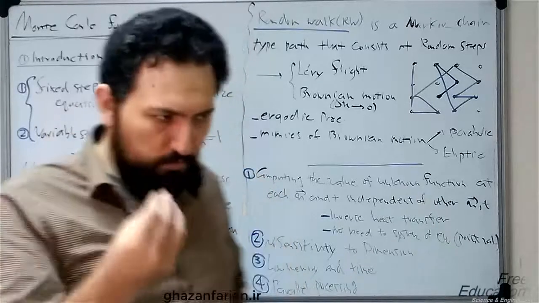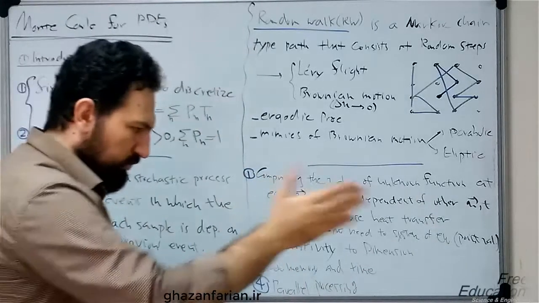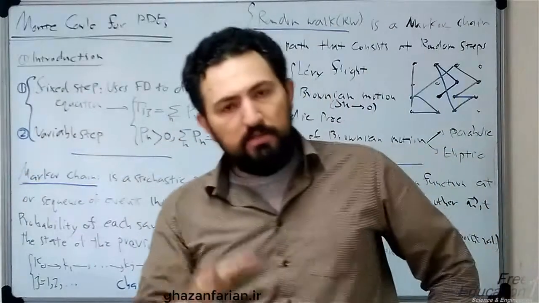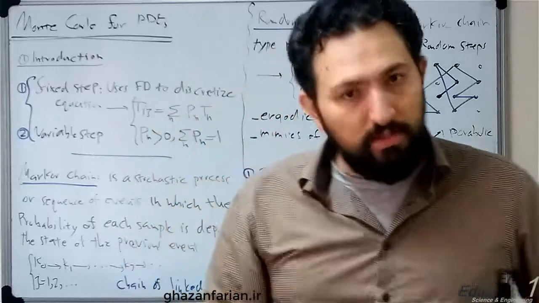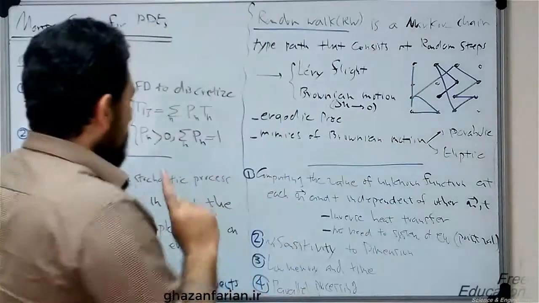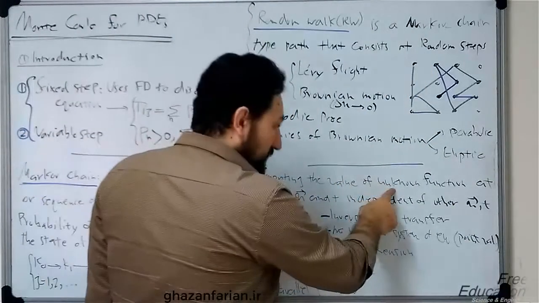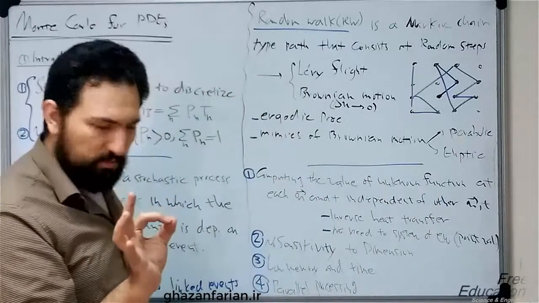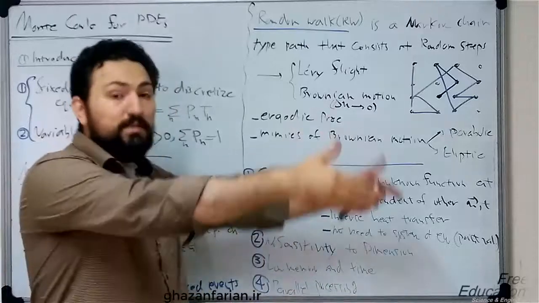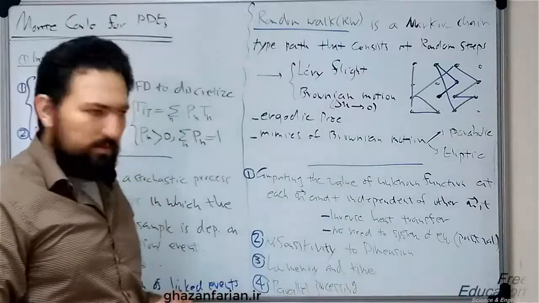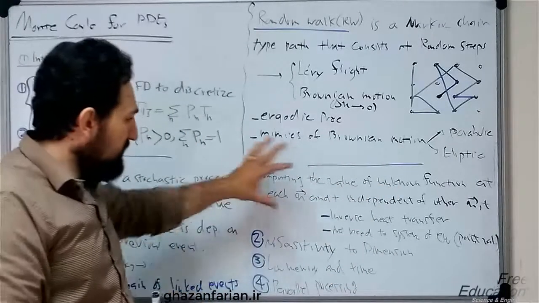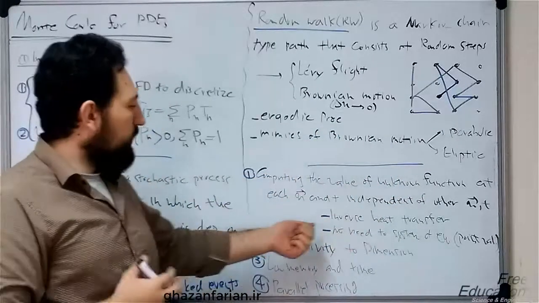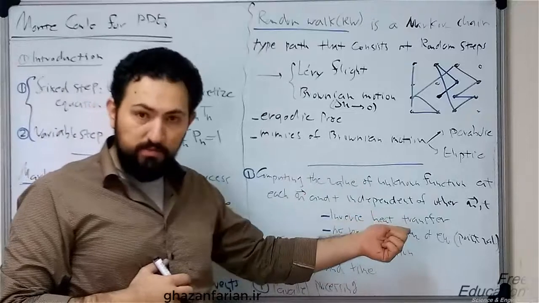I am planning to just compute the temperature at a specific point and a specific time. In this case, the best choice for you is the Monte Carlo method. So computing the value of the unknown function at each x vector, meaning the position vector, and time independent of other positions and times, is well appropriate for inverse heat transfer problems.